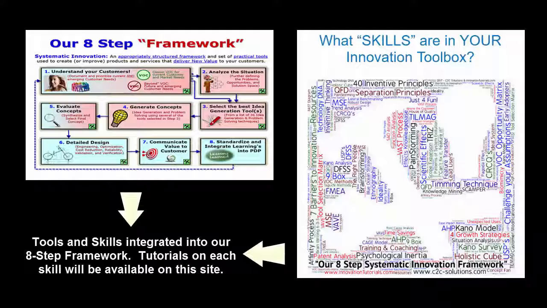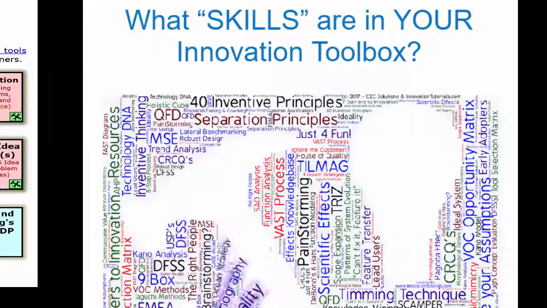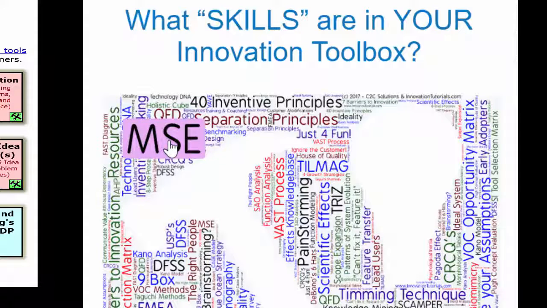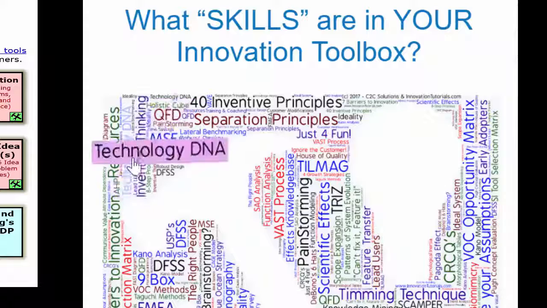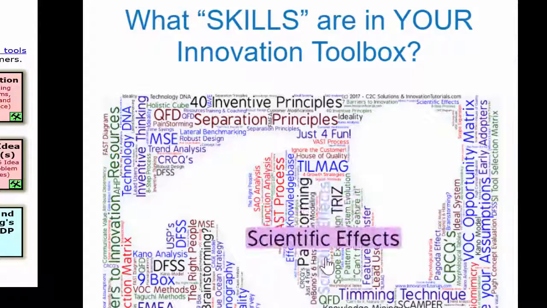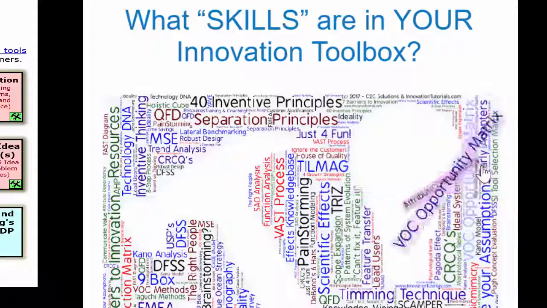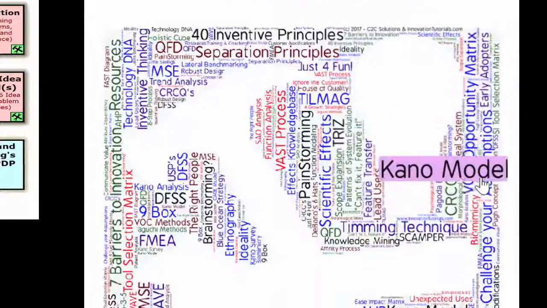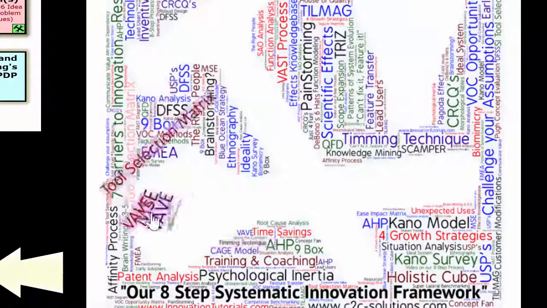Here's a little word cloud that we put together on our site, to talk about the different skills in your innovation toolbox. As you can see, there are all kinds of different skills. And if you cursor over, you can highlight the memorable sensory experience, separation principles, QFD for the front end, requirements planning, technology DNA, lead user research, TILMAG, painstorming, scientific effects, trimming technique, knowledge mining, cost reduction catalyst question, VOC opportunity matrix, challenging your assumptions, the Kano survey, the Kano model, analytic hierarchy process, the CAGE model, trimming technique, value engineering.